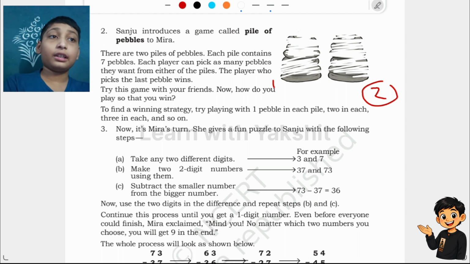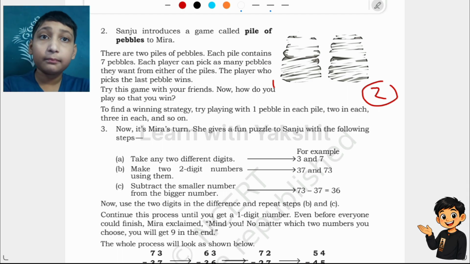And if the last one is taken, then obviously whoever picks the last pebble wins. And when you do the last pickup, you win. Yes, you could do it one by one, which is slower, but still makes you win.